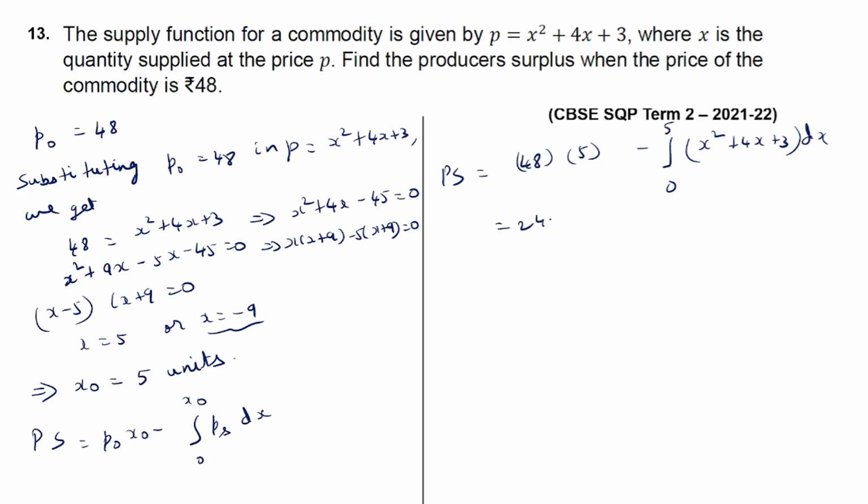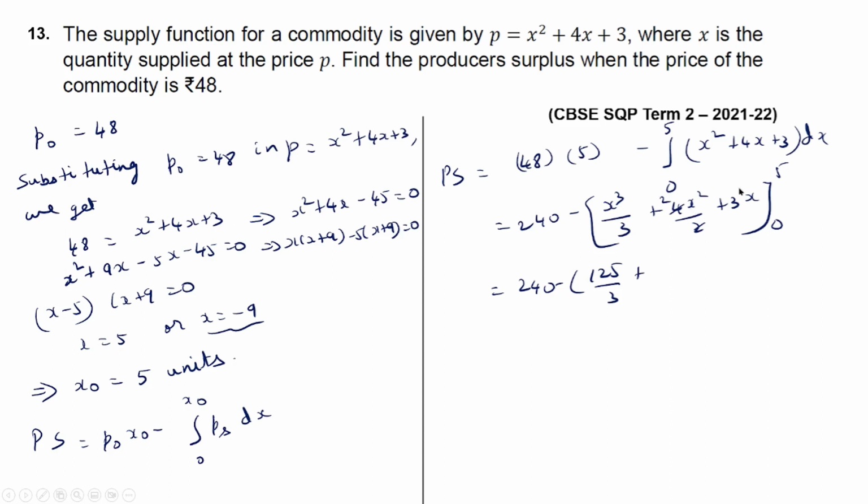So this is 240 minus x cube by 3 plus 4x square by 2 plus 3x with the limits 0 to 5. So it is 240 minus x cube by 3, it is 125 by 3 plus here we have x square, 5 square into 2 which is 50 plus here we have 15 minus the lower limit is 0.